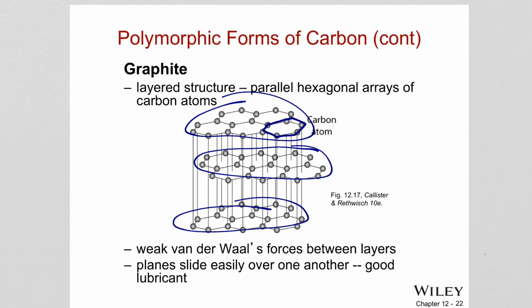These layers are bonded to each other with weak van der Waals forces. That is the reason graphite is a very good lubricant, because the layers of the graphite can slide easily over each other. Remember, the van der Waals forces are weak and easily broken.